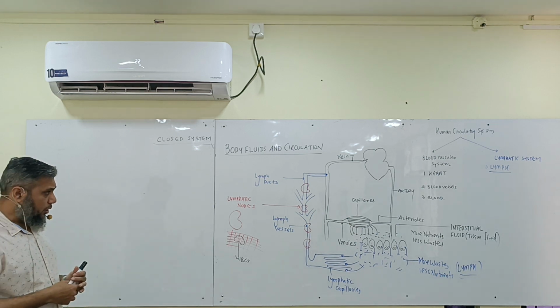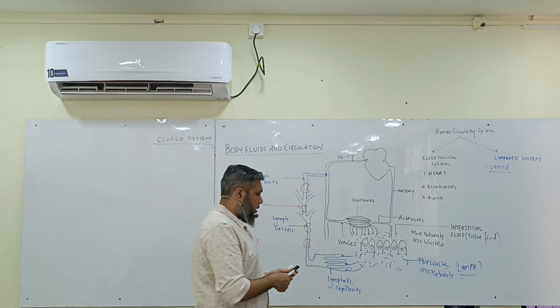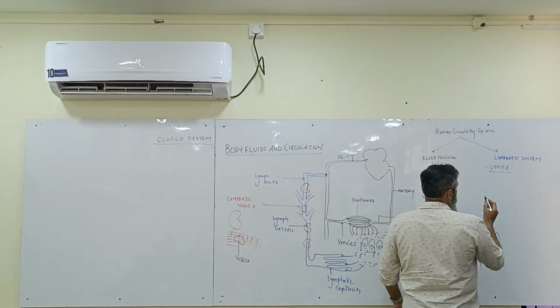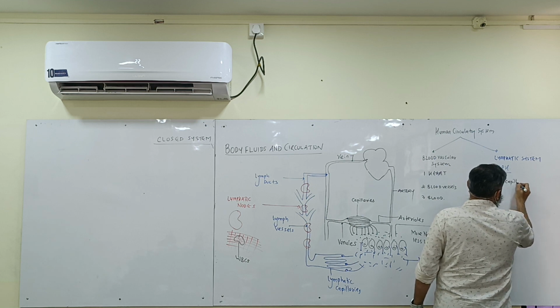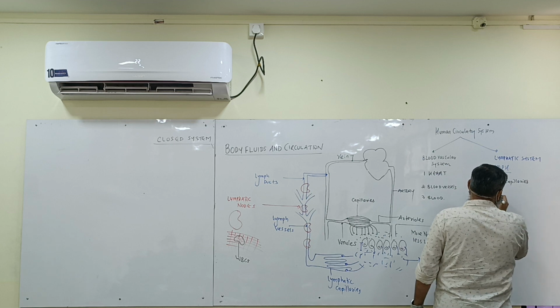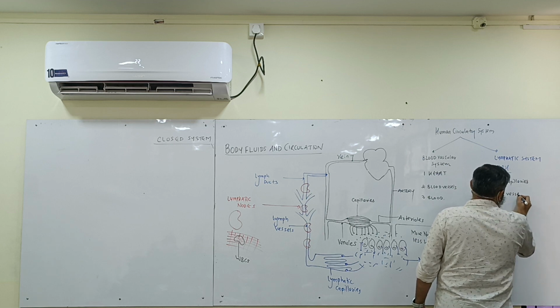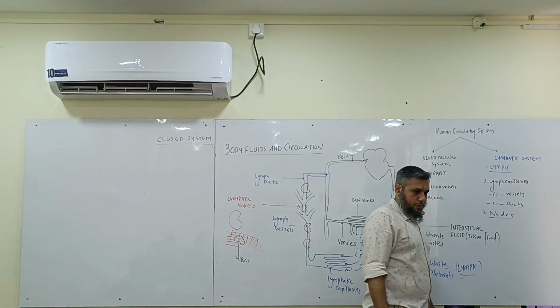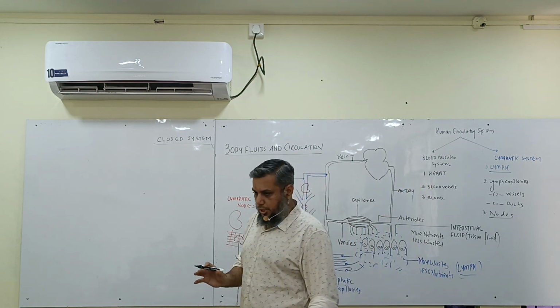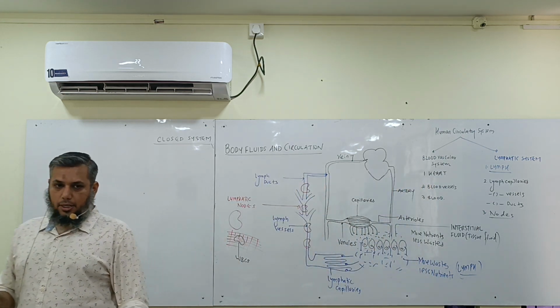So I can summarize it: the lymphatic system is made up of lymph, lymphatic capillaries, lymphatic vessels, lymphatic ducts, and you have got the lymphatic nodes. Give me yes or no, guys? Yes.